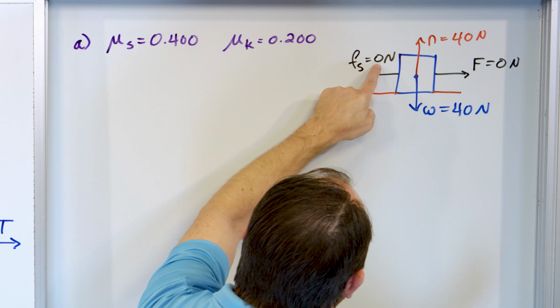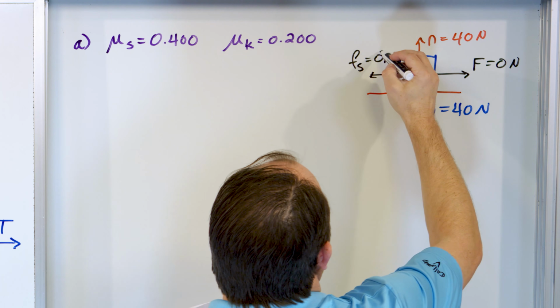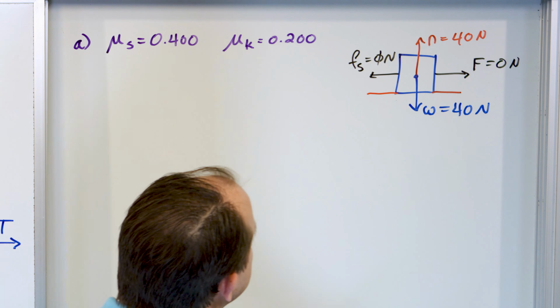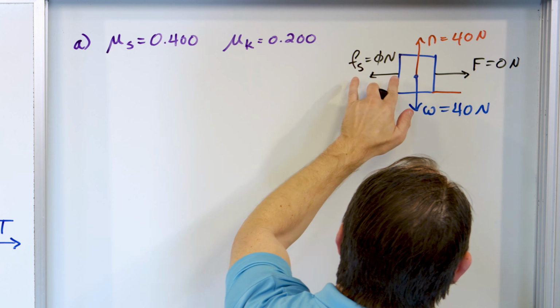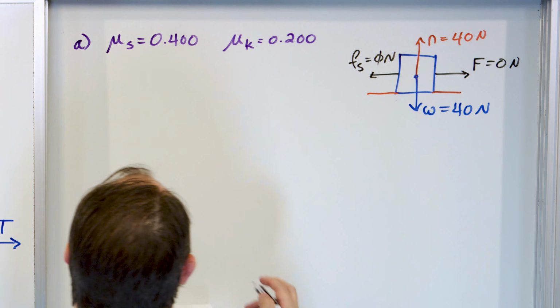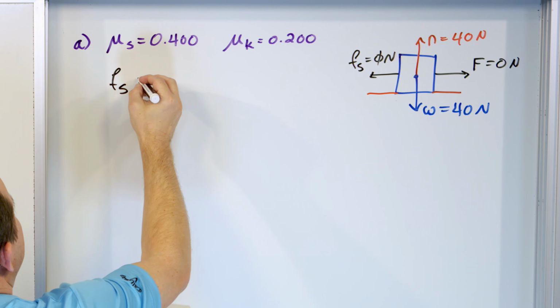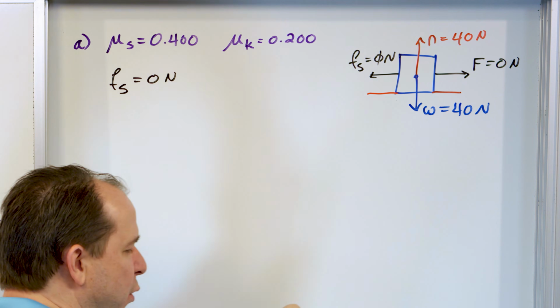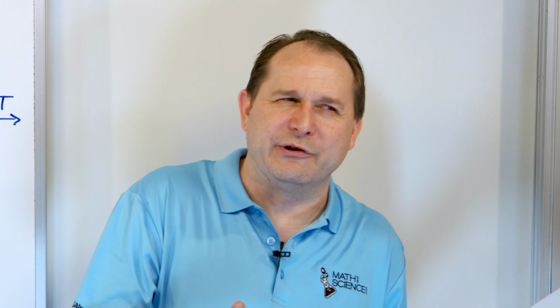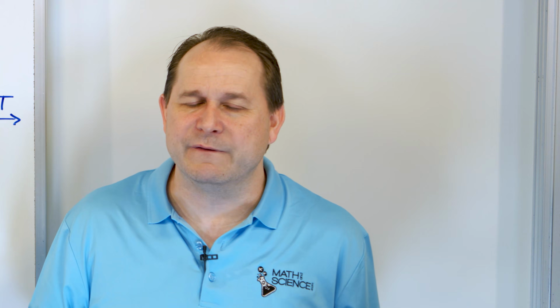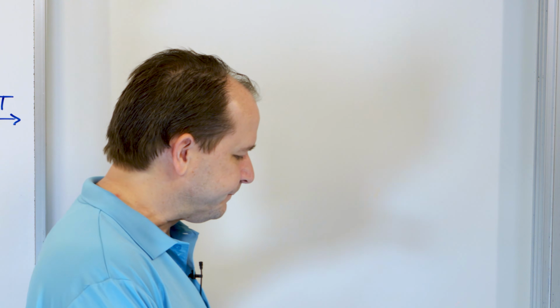If I put a different number here, I'll put a slash through that to tell you that's 0 newtons. Everything has to be in balance. Up has to balance down, right has to balance left, otherwise the box is moving. So the static frictional force is 0 newtons. When you don't push on an object, there is no friction pushing back, right? Because if there was something pushing when you weren't pushing, then the thing would be moving. But it's not moving, so everything has to be balanced.